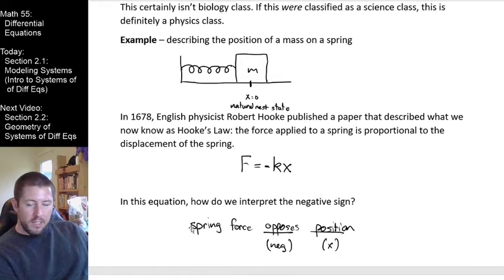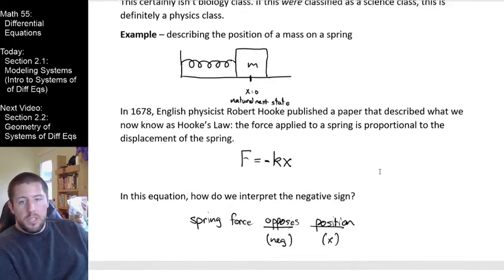There are other forces that may oppose or support position, or maybe things other than position. In a week or two, we're going to be writing some sentences that look very, very similar to this, but we're going to be describing things other than a spring force. But I'm going to write a similar sentence with similar interpretations of the words that are in there.